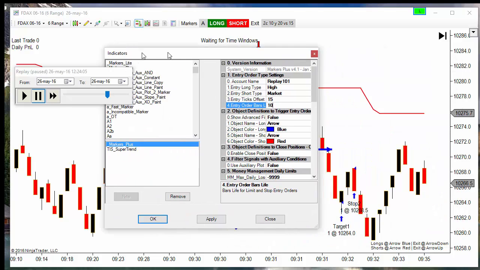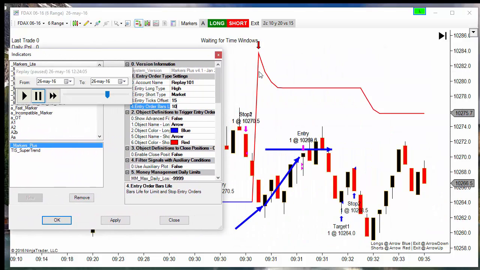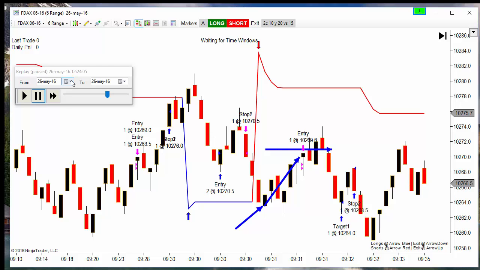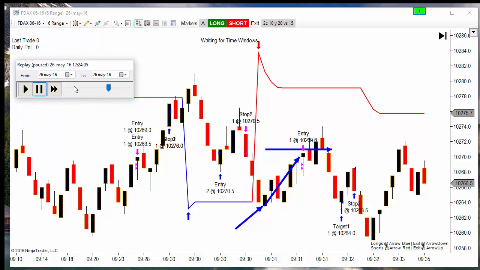For the shorts it is the same, but from the low of the signal bar. So let's see how this will work on the same example from 6 AM.